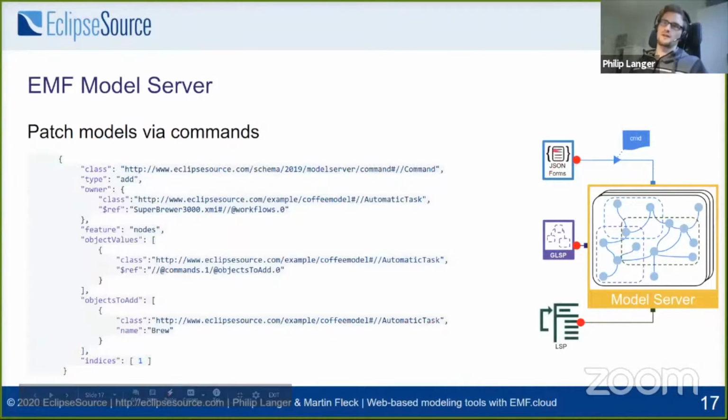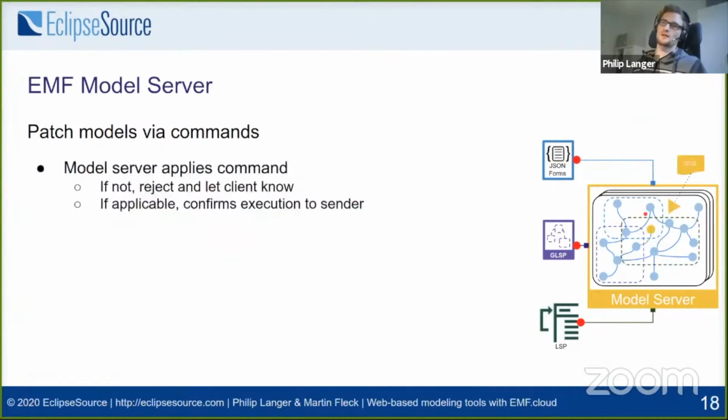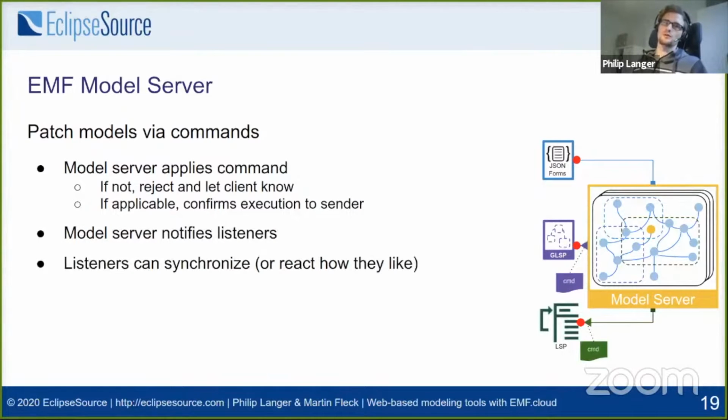And this service would then send this command to the server. The server would perform it if it can. If it can't, then it would just reject and let the client know. But if it can, it would perform the actual model change and would then notify all listeners again so that they can synchronize and react to it.